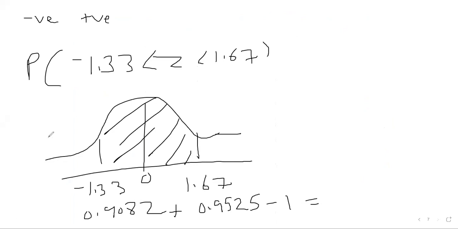What you're telling me is that the probability from here to here, you're right, if you're going to use a negative table, is the difference from 1. So 1 minus 0.9082 to give you 0.0918. Okay, is that correct?